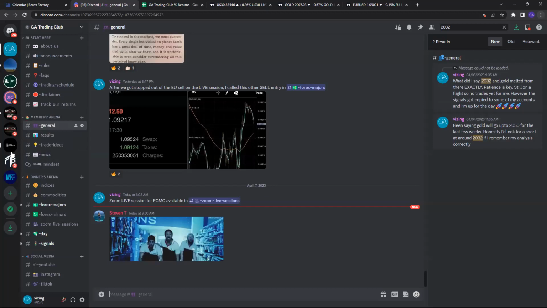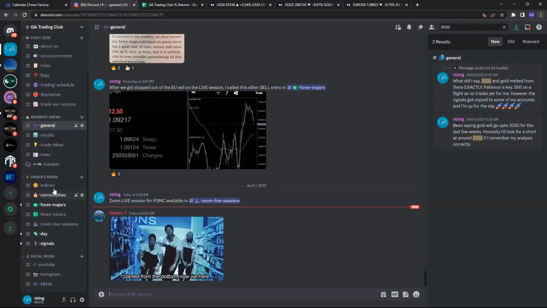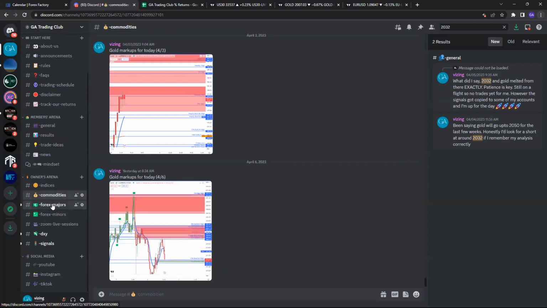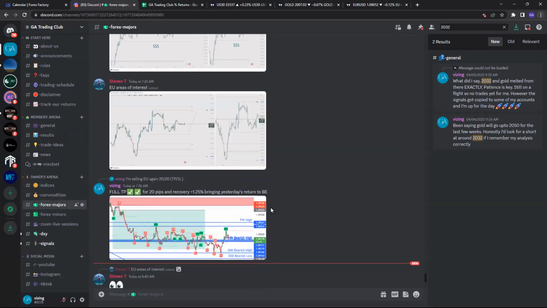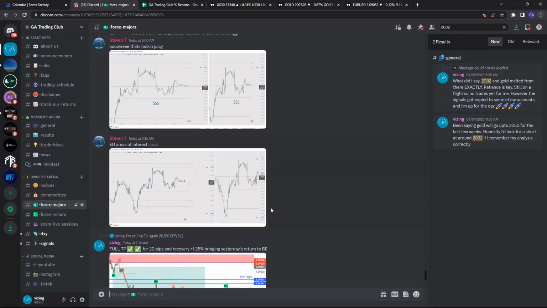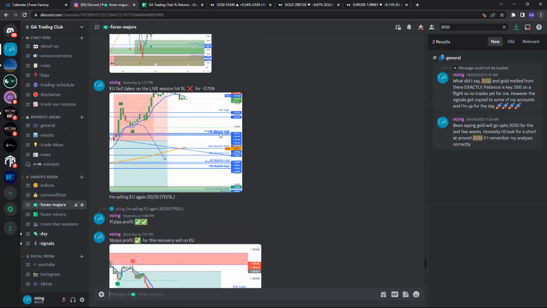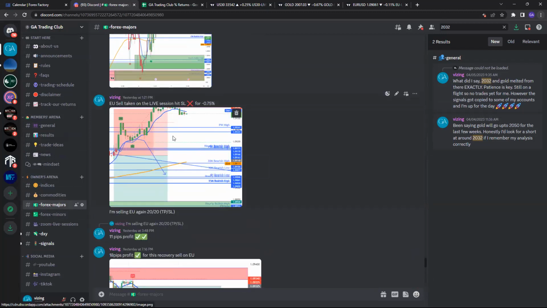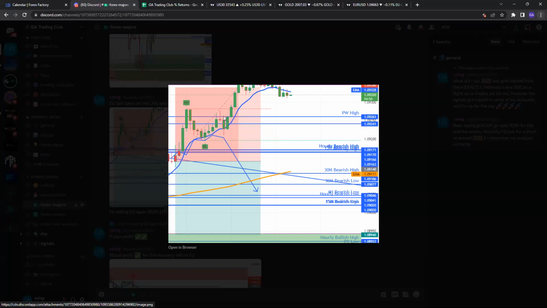However, I did send out this other sell on EU after the live session was over. Yesterday, if I scroll up in the Discord, after I sent out this sell, the markup for the loss we took, I did see that price closed below the 9 EMA. We had a retest of the 9 EMA and closure below.